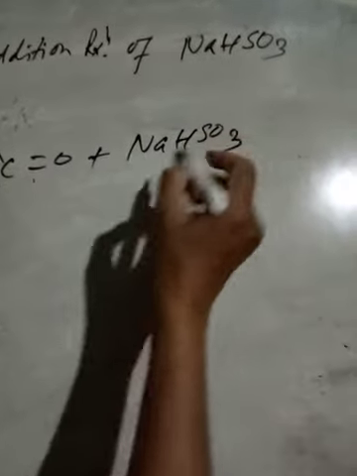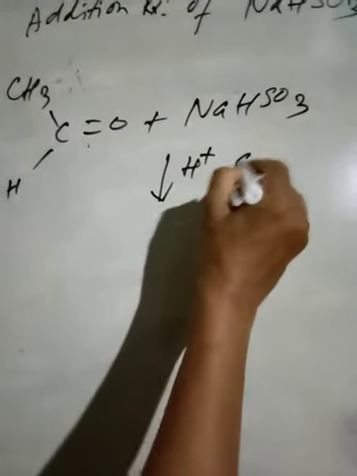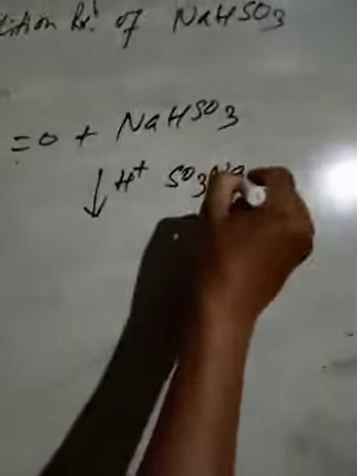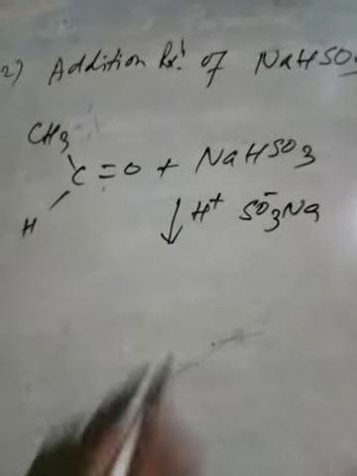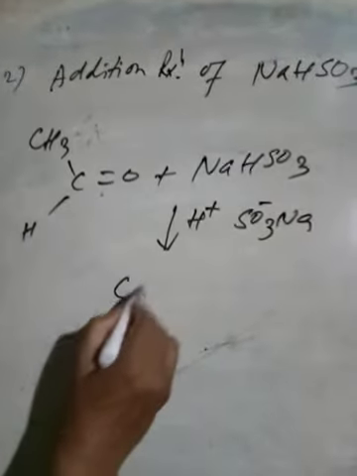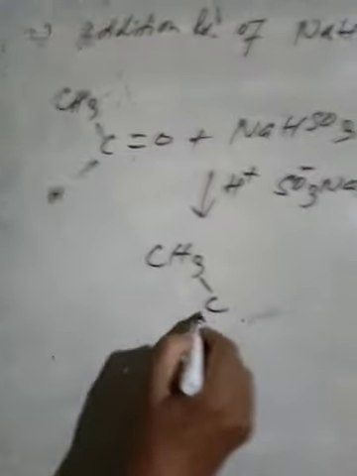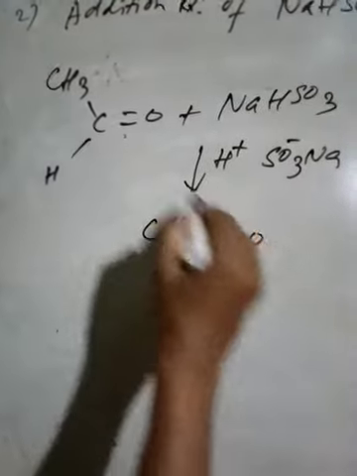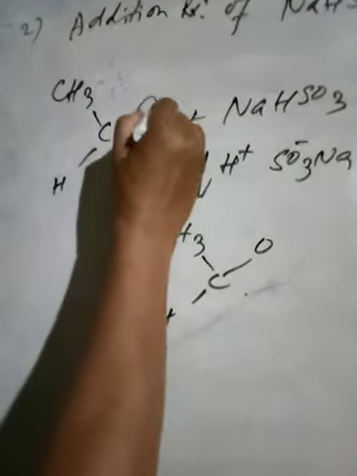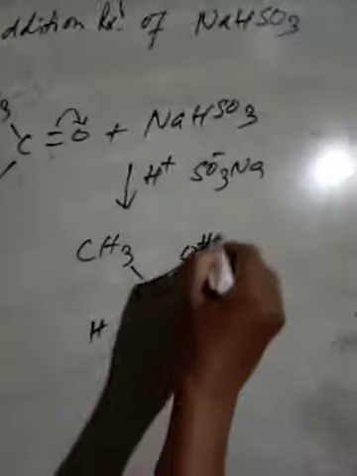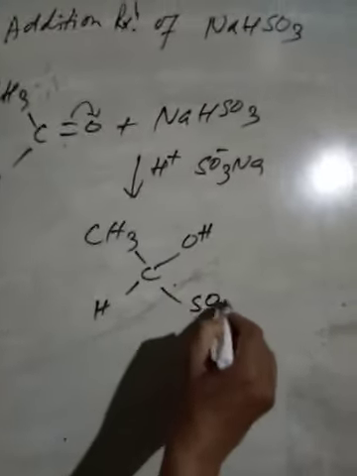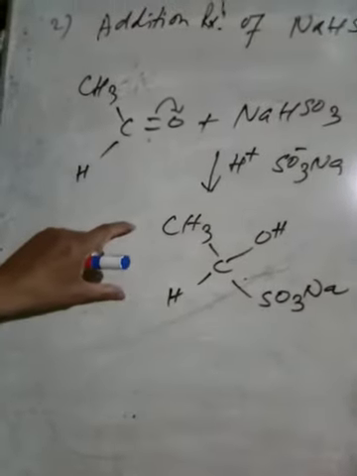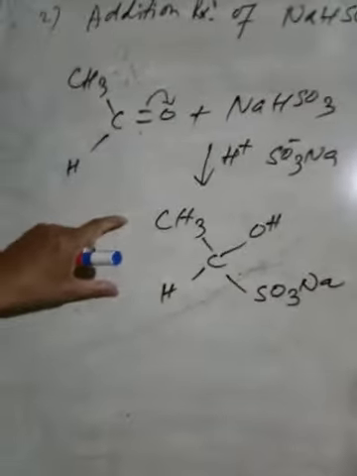Here H is positive and SO3Na is negative; sulfur is negative. The product will be CH3CH, oxygen attached to positive charge H, plus H and SO3Na. This is aldehyde bisulfite addition compound.